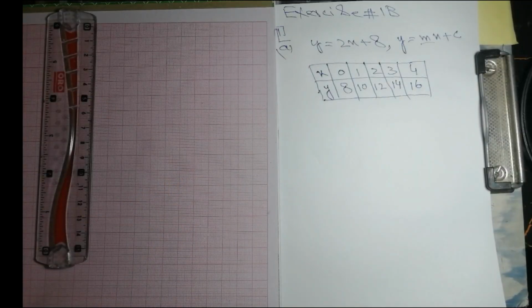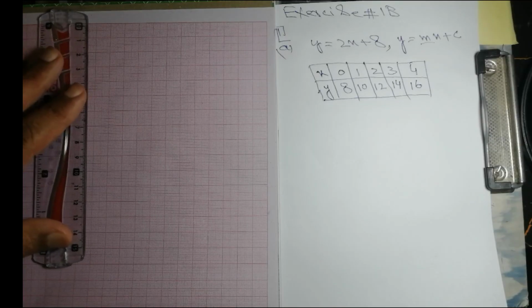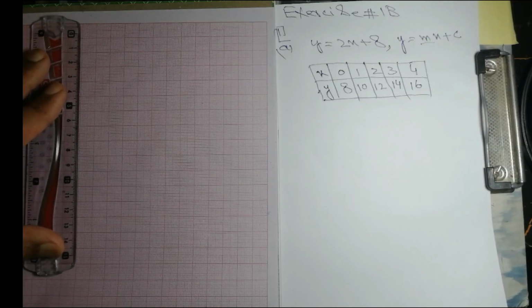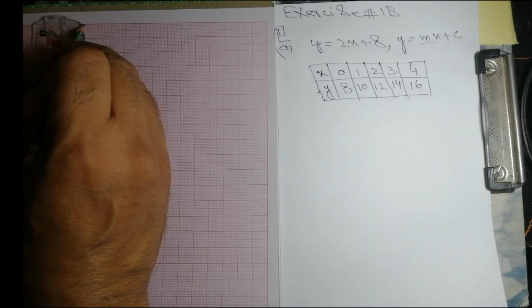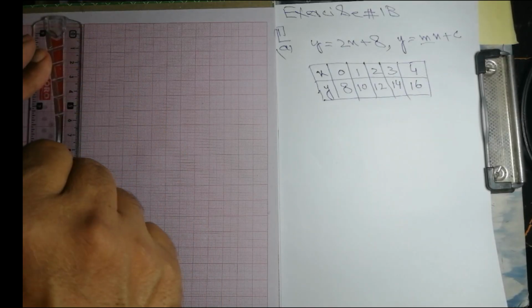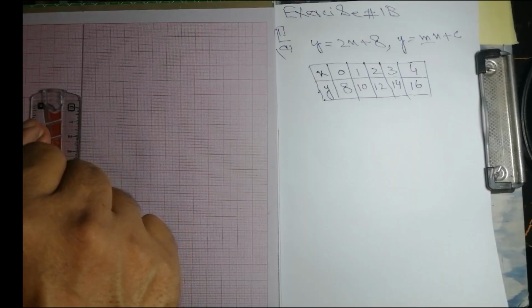As in the given question, we need to draw this line on the graph paper. So draw two perpendicular lines.